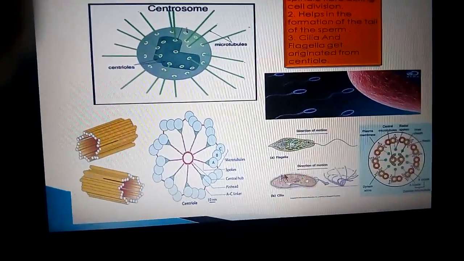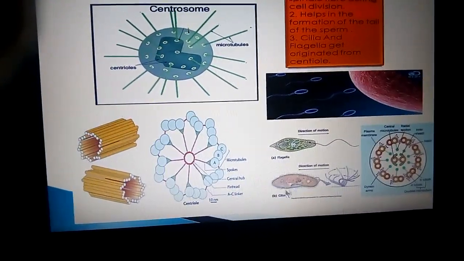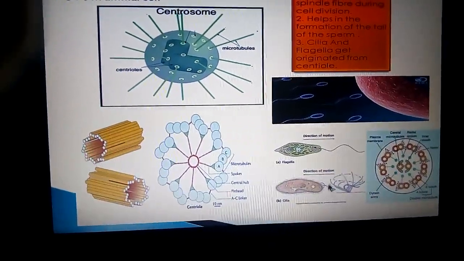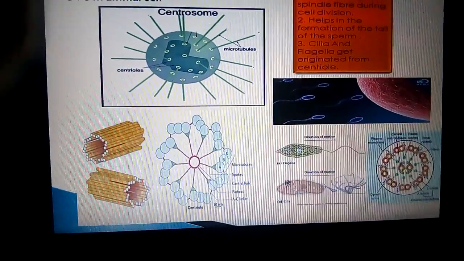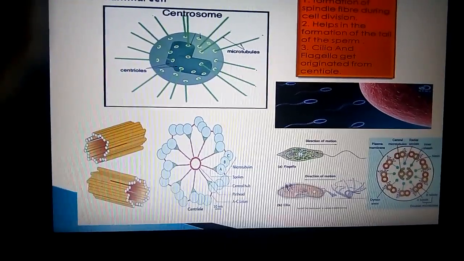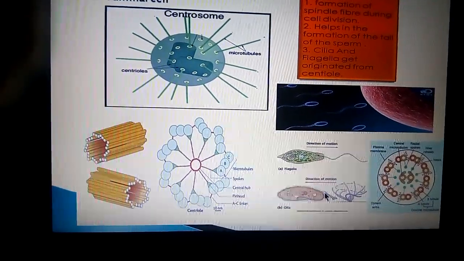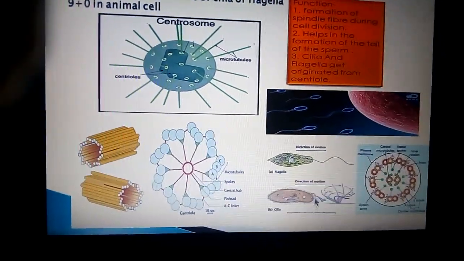Look at this diagram. The hair-like structures covering all over the outer boundary of the cell are the cilia.